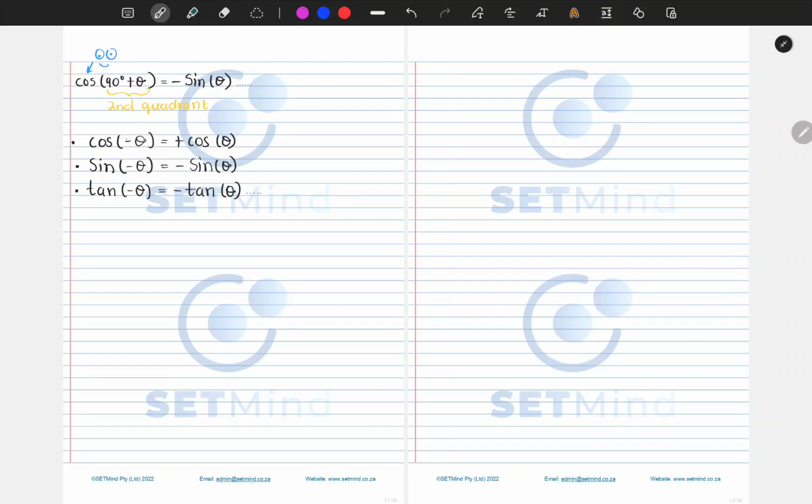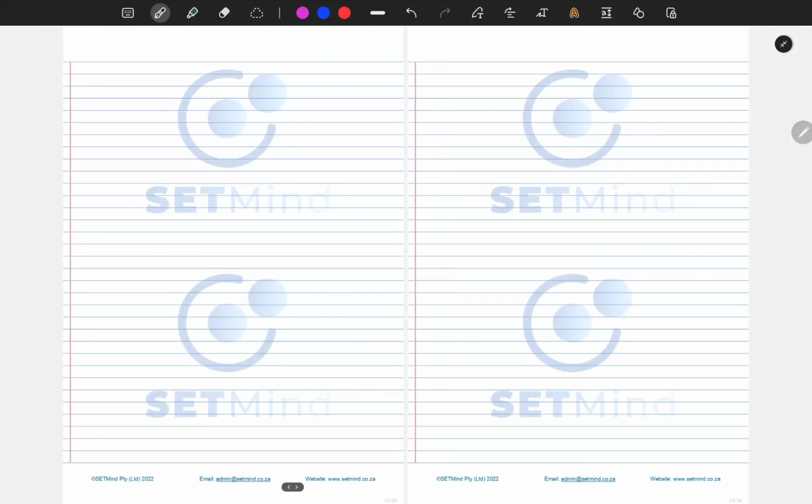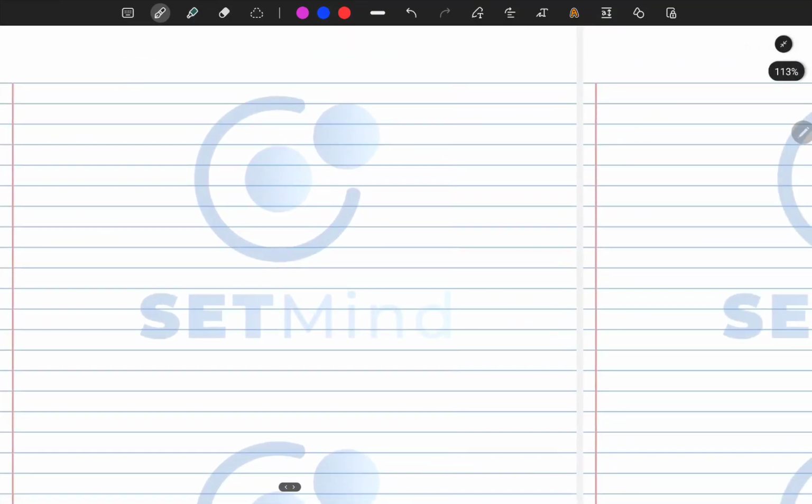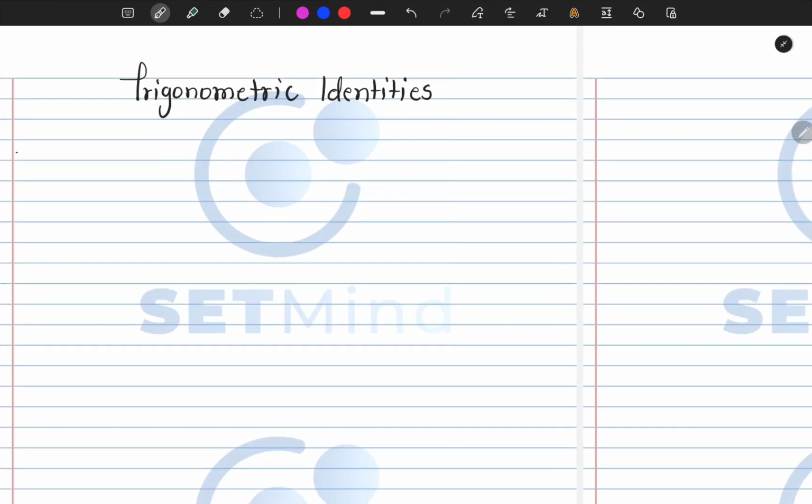Now let's jump to another topic, where we will be looking at trigonometric identities. Let's see which identities we need to make sure that we understand. The first trig identity which we need to know, which is fundamental to trigonometry, is cos squared theta plus sine squared theta.